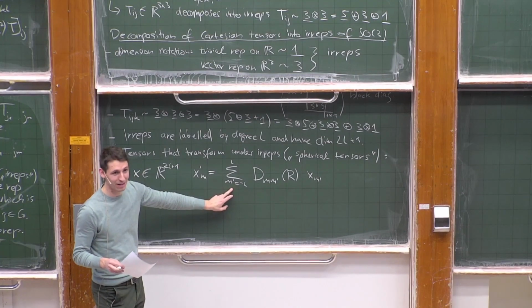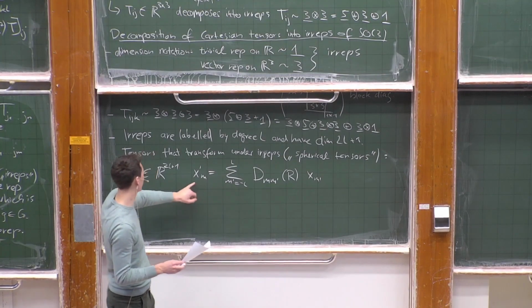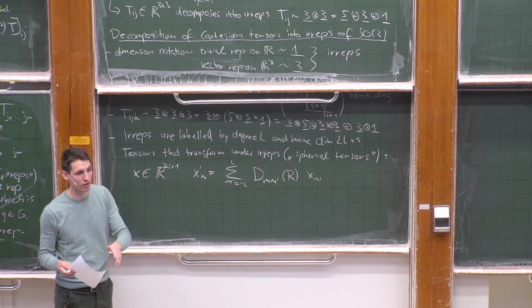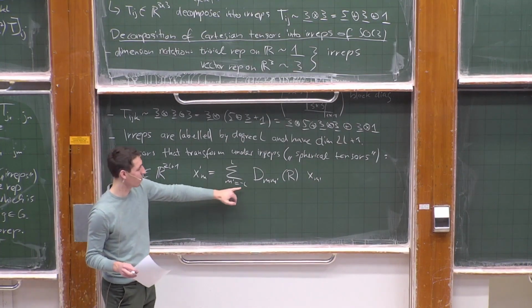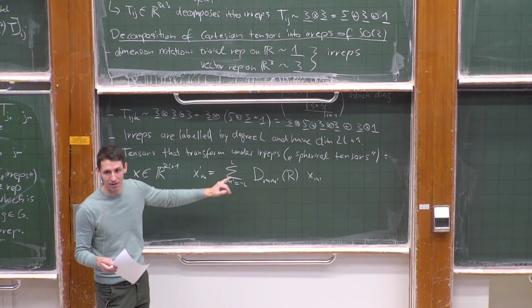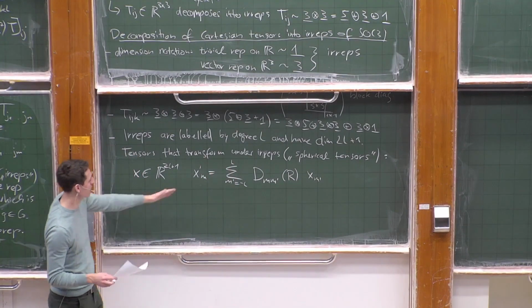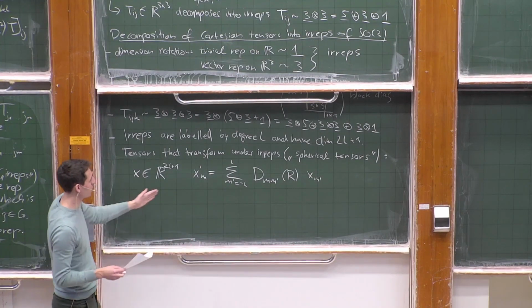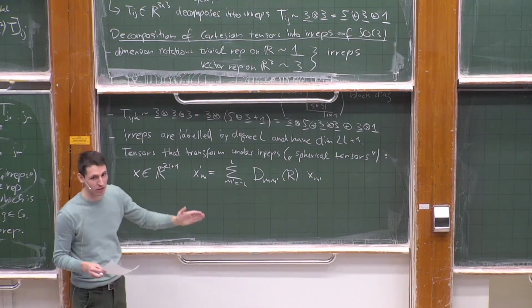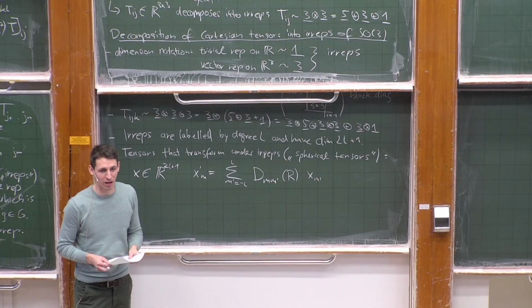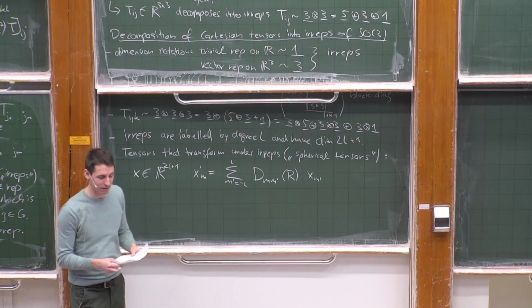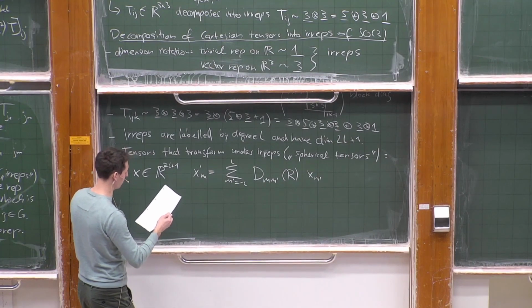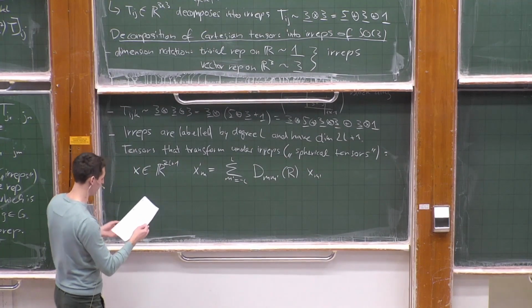The indices of these spherical tensors are not enumerated by 0, 1, 2, 3, and so on, but from -L to L. This will always give us 2L plus 1 entries, and this is a convention which shows a connection to quantum mechanics, which I will say a bit more about in a second.